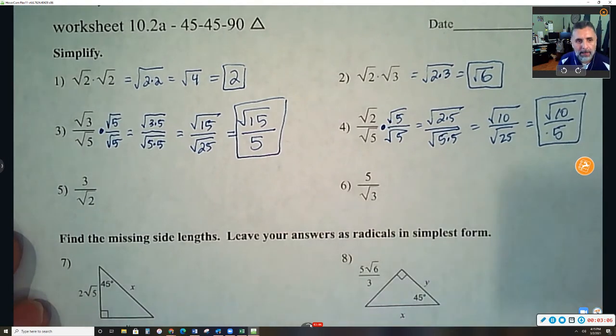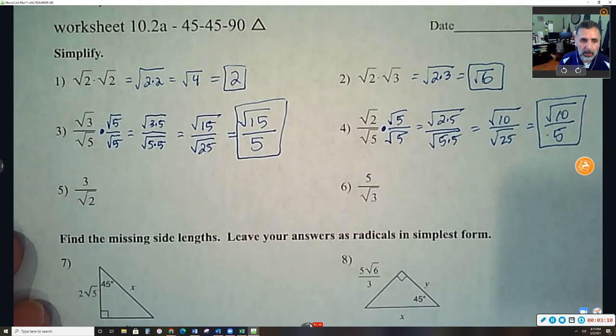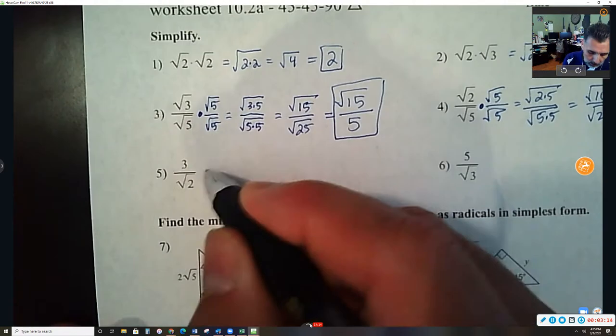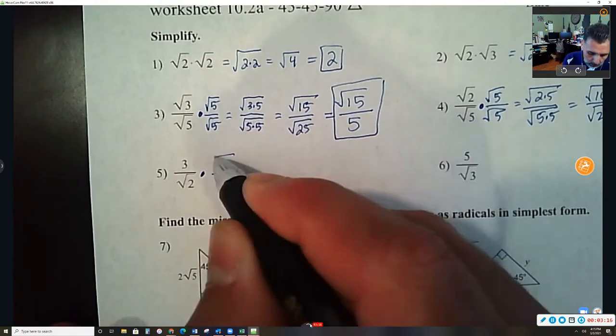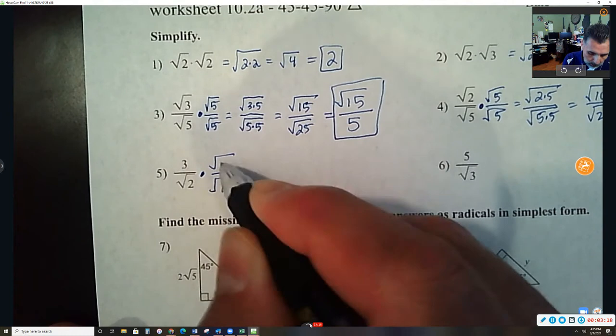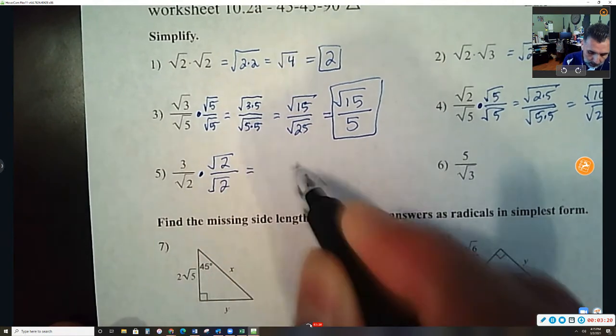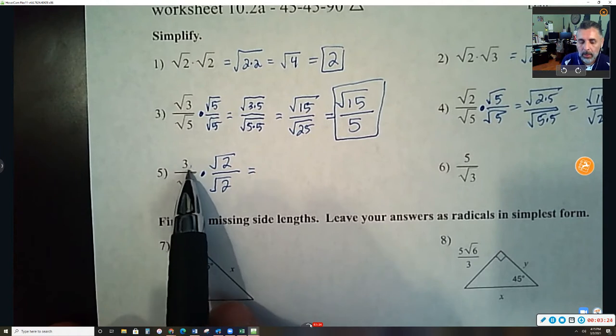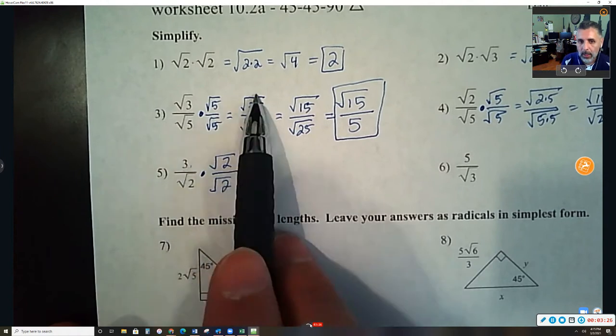Okay. 5 and 6, same idea. We have 5. There's a square root in the denominator, so I'm going to multiply the top and the bottom by the square root of 2. The top is a little bit different. On the top, we cannot do what we've been doing.